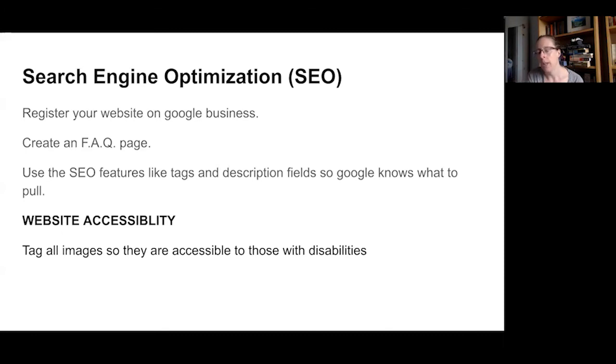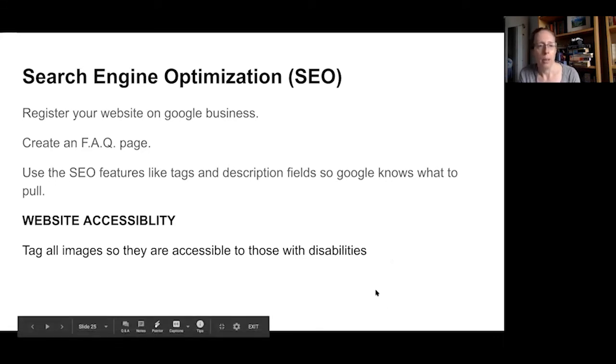You're not doing anything that you shouldn't be doing for yourself anyway, because you want your website to be visited by a lot of people. But it is also a good thing to do for a bunch of other reasons that have to do with accessibility and lessening your exposure to risk. So those are good things to keep in mind.